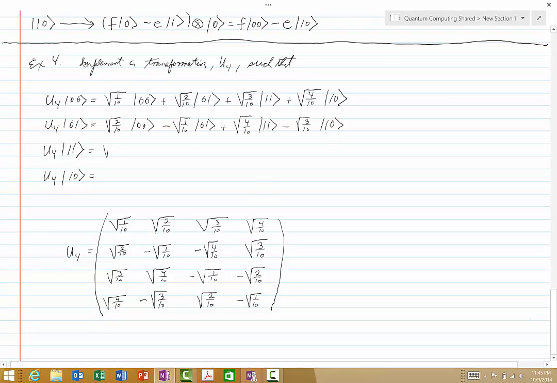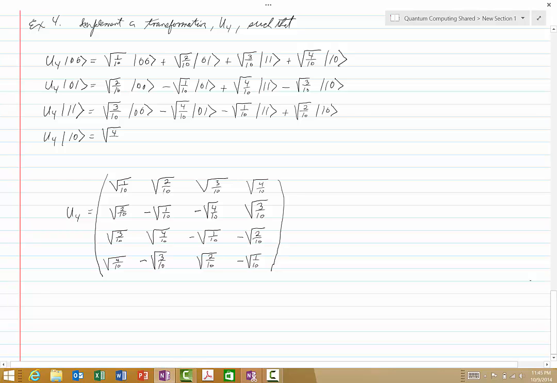Then the third one will be square root of 3/10, 0 0, minus square root of 4/10, 0 1, minus square root of 1/10, 1 1, plus square root of 2/10, 1 0, and then finally square root of 4/10, 0 0, plus square root of 3/10, 0 1, minus square root of 2/10, 1 1, minus square root of 1/10, 1 0.